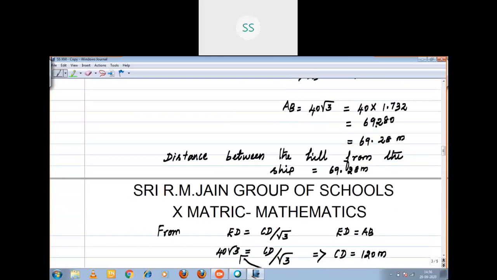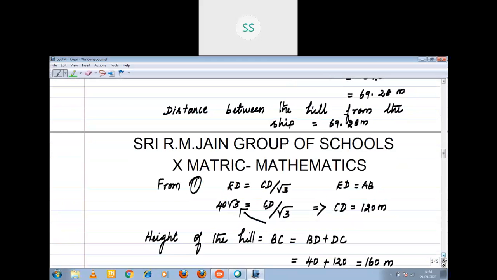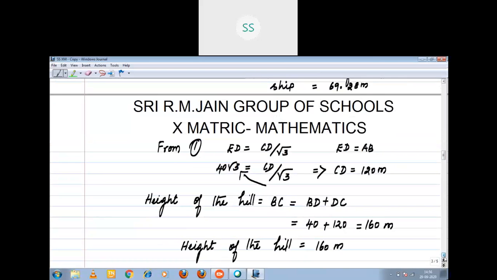AB equal to what? DE. AB equal to DE. So DE can be replaced by 40 root 3. Here you have to write from 1. Right? From 1, ED can be replaced by 40 root 3. Then CD equal to 120.